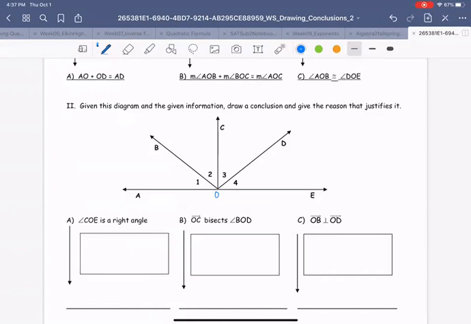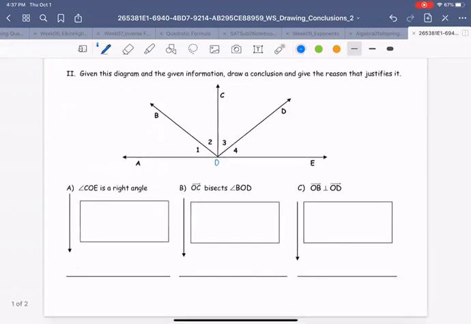You can make a conclusion saying CO is perpendicular to AE, right? So that's the right angle definition. Does that make sense?